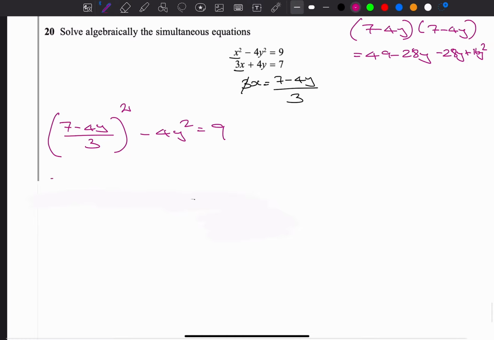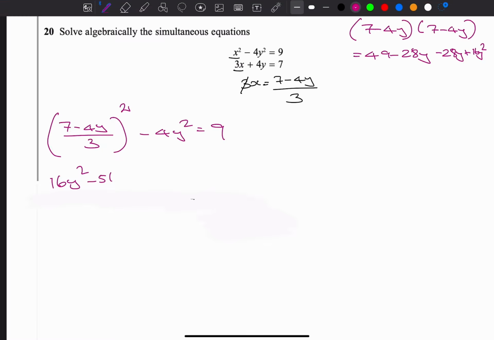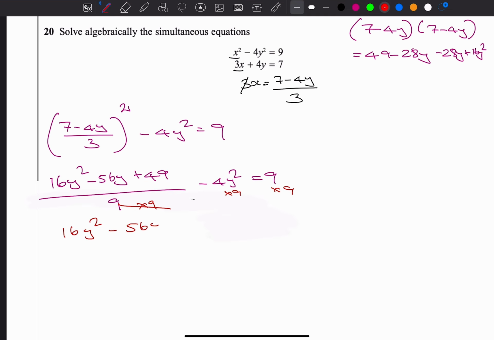We'll do it later. 16y squared minus 56y plus 49 over 3 squared, which is 9, take away 4y squared equals 9. How to cancel the over 9? Times everything by 9. That cancels. 16y squared minus 56y plus 49 minus 36y squared equals 81.